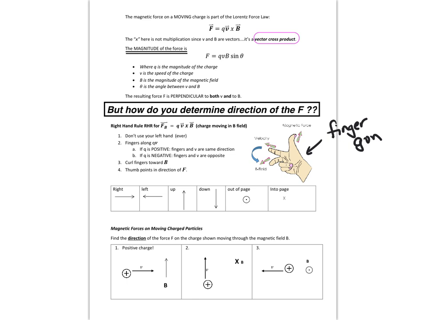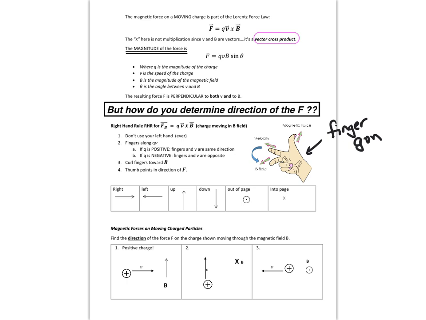And the way it works is you always use your right hand, never your left, and your pointer finger is in the direction of velocity. So that's which way the charges are moving, and we're referring to conventional charges, so positive charge. So if it's positive, they're the same direction. If B is the curl of your finger, see how your middle finger tends to curl towards your palm?